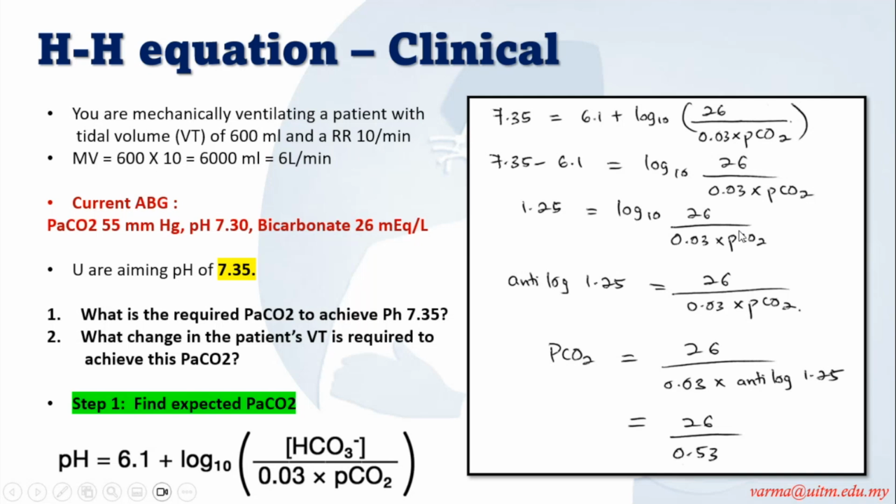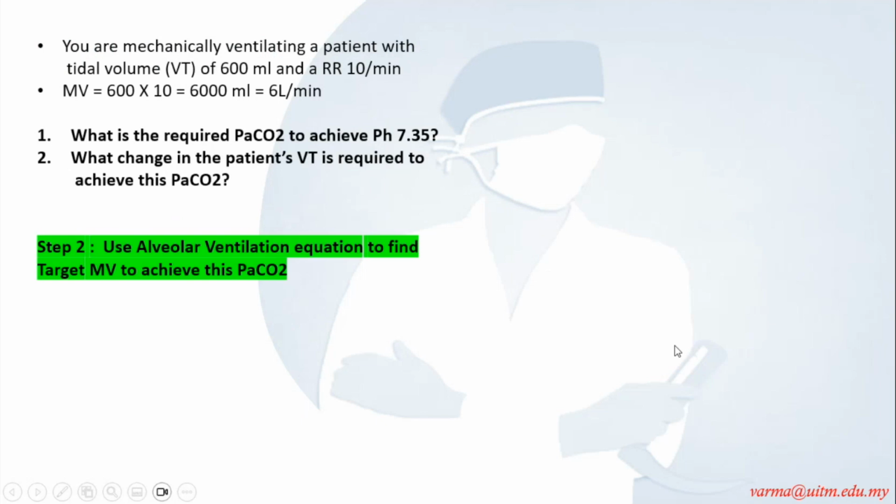Here, but you want to find the PCO2, so you want to bring everything over to this side. So anti-log 1.25 is equivalent to 26 divided by 0.03 PCO2. Then you bring the PCO2 here, anti-log goes there: 26 divided by 0.03 times anti-log 1.25. And then 26 divided by 0.53, you get a value of 49 millimeter mercury.